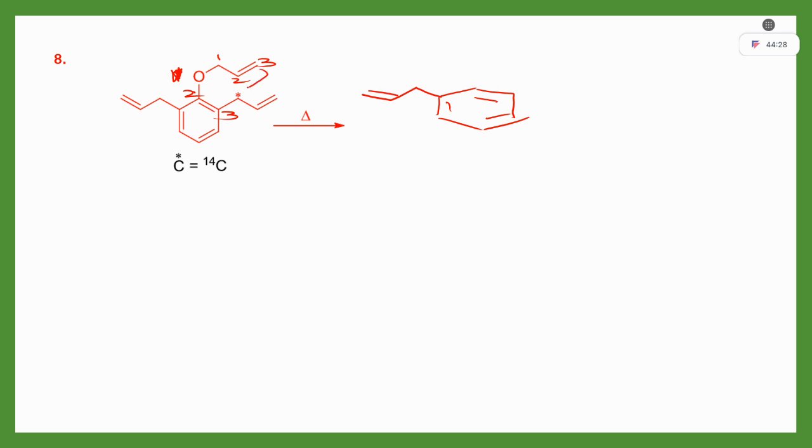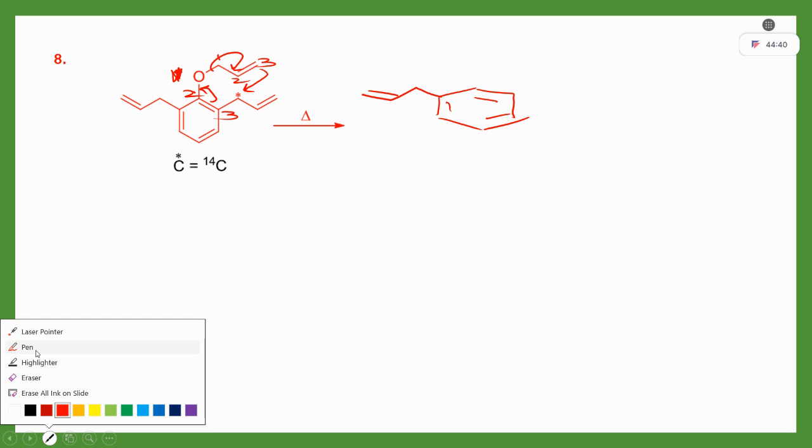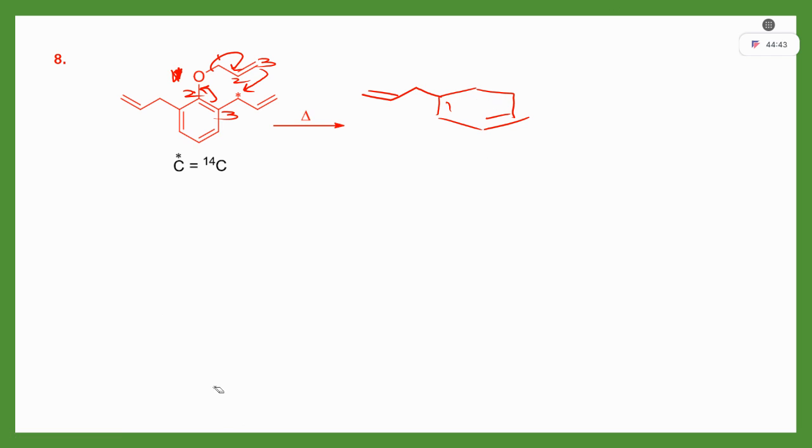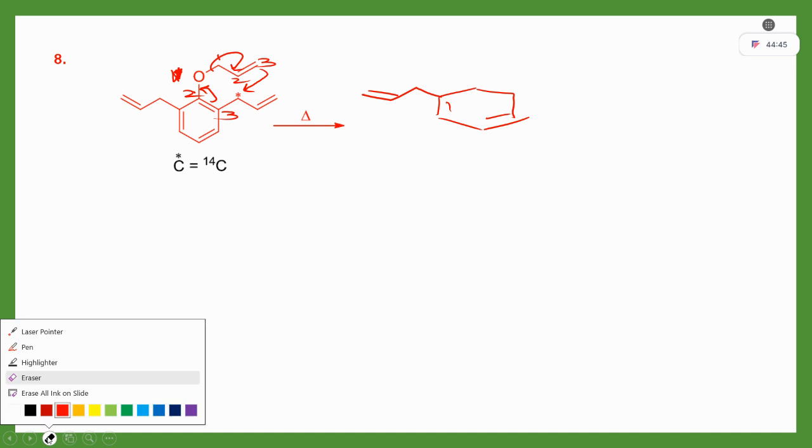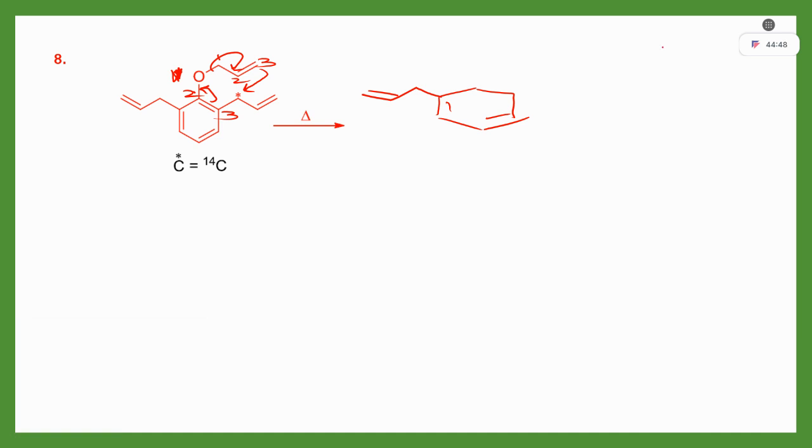So basically this bond will come here, this will go there, and this one bond will break. This is your cyclic concerted state, right? One mistake I have done is here double bond will not be there. So double bond O, this bond will go here, okay, students.